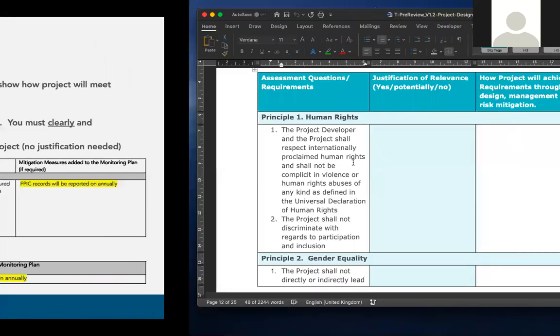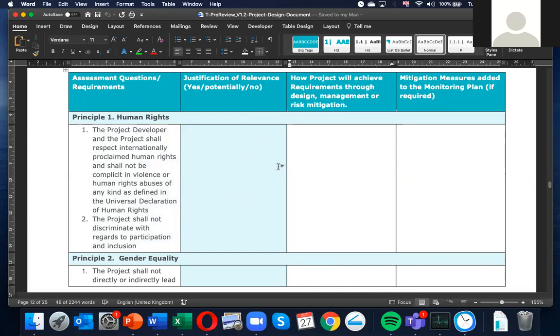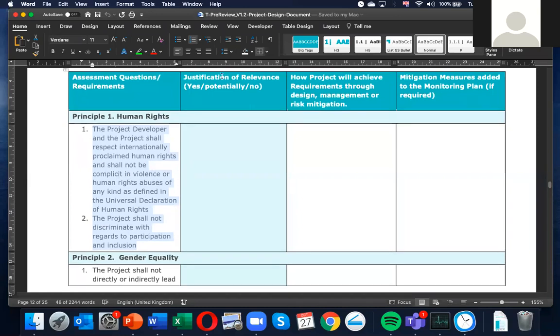What the template now clarifies is with this blacked out section here, we're not expecting a response for this safeguarding principle, human rights. Because it's numbered, these are mandatory, so they're applicable to every single project. So justification of relevance is not applicable because they're always relevant.